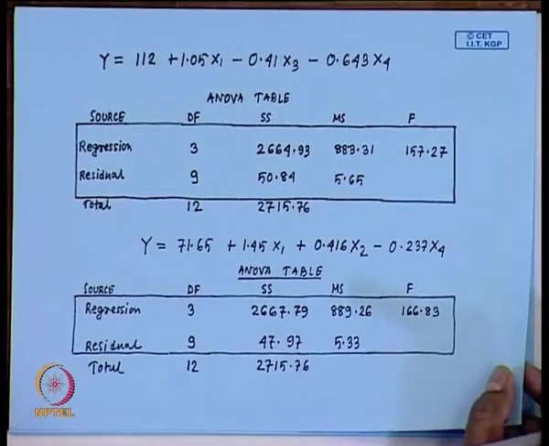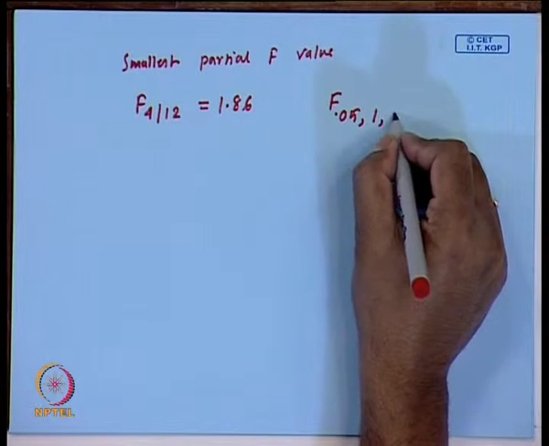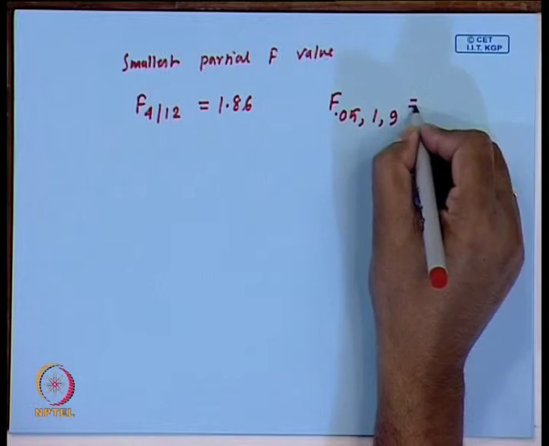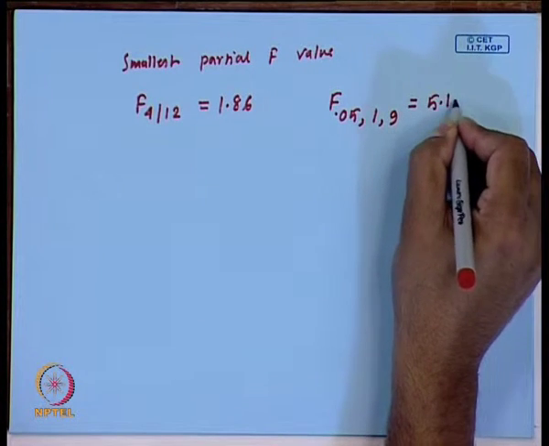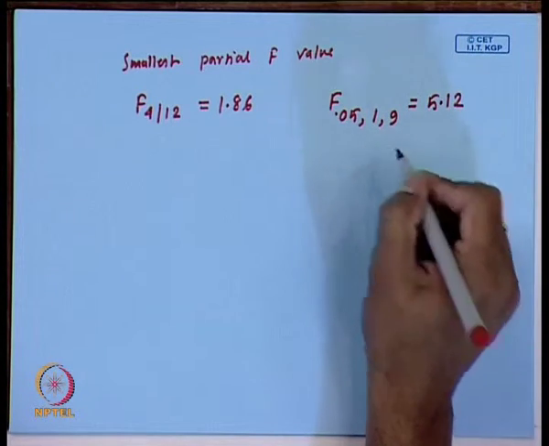Okay. This value is equal to 5.12 and this is the f out.